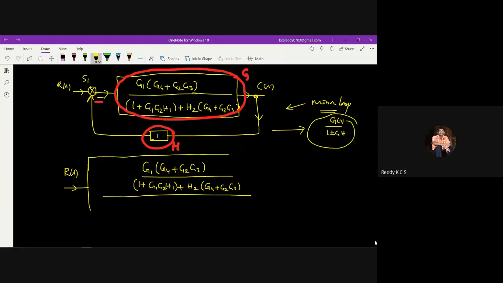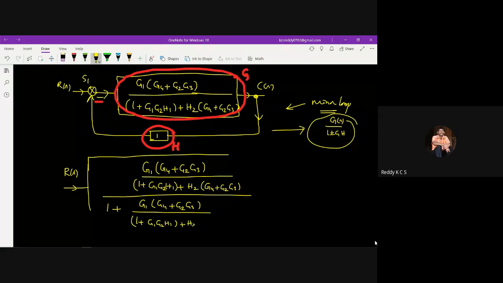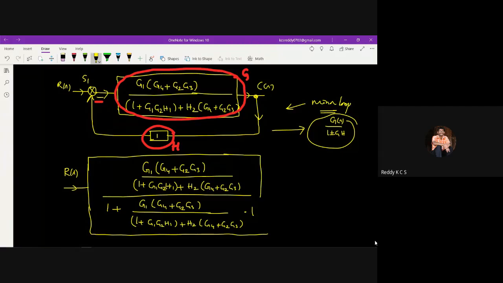Now divided by 1 plus once again G into H. H is equal to 1, so I'll get the same value in the denominator also: G1 into G4 plus G2 G3 whole divided by 1 plus G1 G2 H1 plus H2 into G4 plus G2 into G3. Now this is into H of S. H of S value is equal to 1 here, so I'm just showing it because multiplying with 1 gives the same number, the multiplicative identity. So C of S.